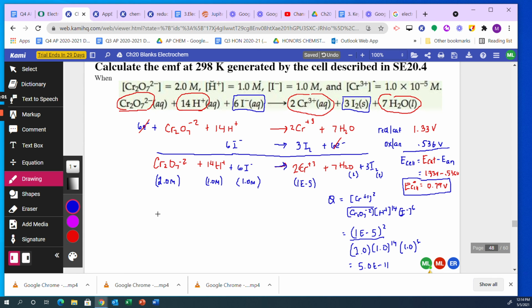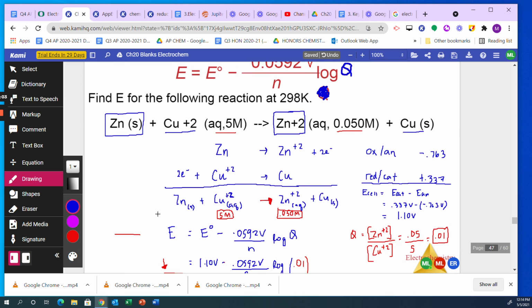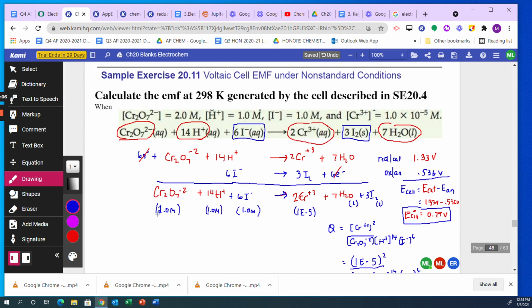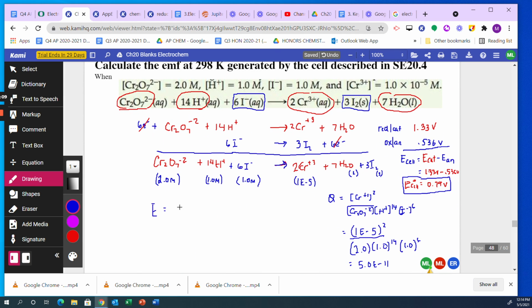So let's plug it into the formula, which is E equals E naught minus 0.0592 volts over n log of Q. Plugging in the number, 0.79 minus 0.0592 volts over n, which is 6 electrons, log of 5.0 E negative 11.